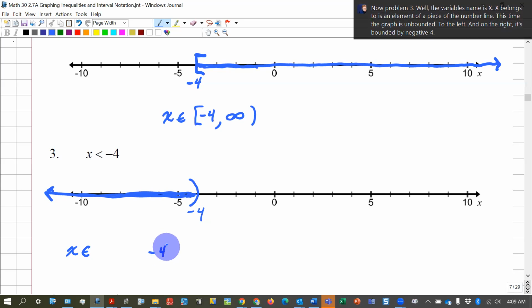But we're not including -4, so there's going to be a parentheses there. How do we show that the graph is unbounded to the left? Well, we're going to use the symbol -infinity. And since -infinity isn't a number, and since we can never get to -infinity, we will use a parentheses.